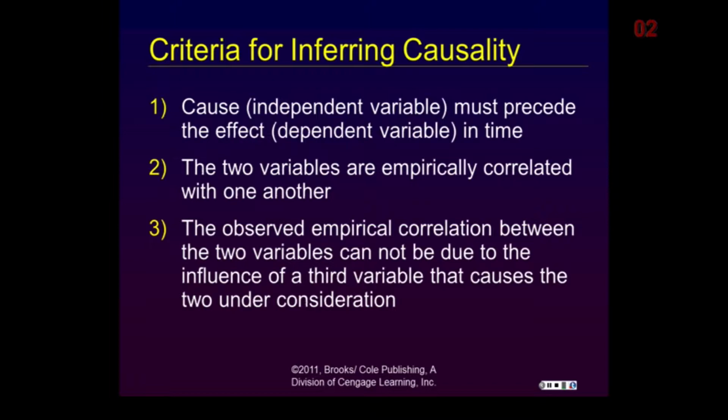So those criteria include things like the independent variable, which is the cause, must precede the effect of the dependent variable in time. While that seems fairly obvious, you find a lot of studies where it's not so obvious.